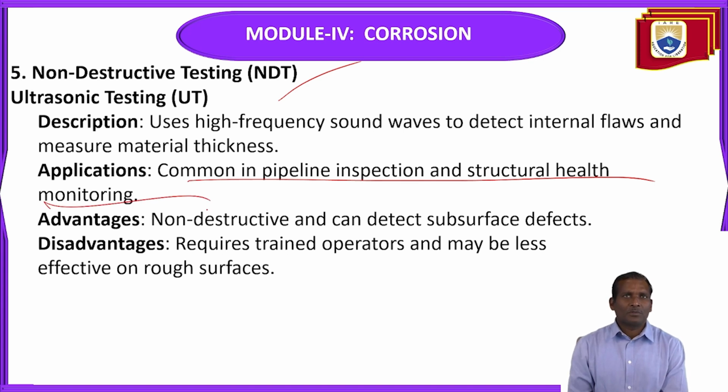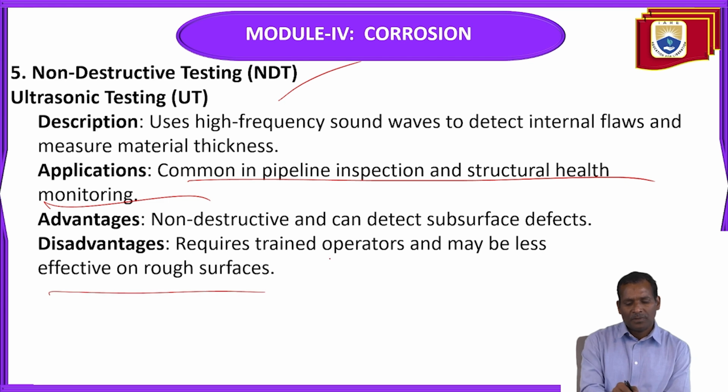This type of method is useful for monitoring the structural health condition. Similarly, pipeline inspection. So advantages: non-destructive, can detect subsurface defects. Disadvantages are requires trained operators and may be less effective on a rough surface.